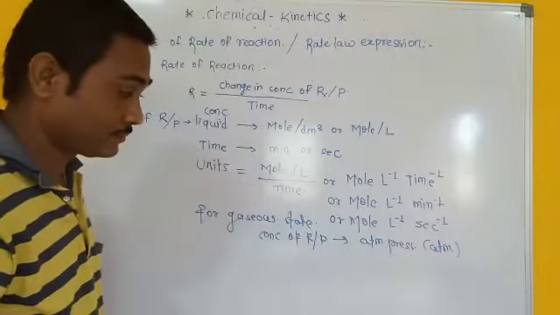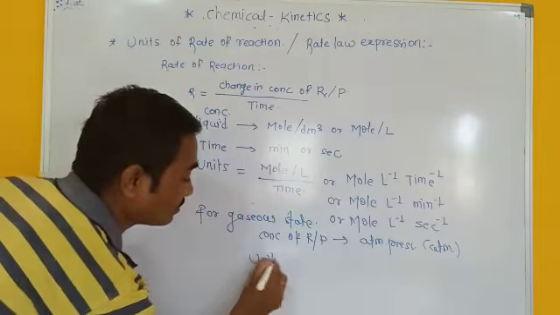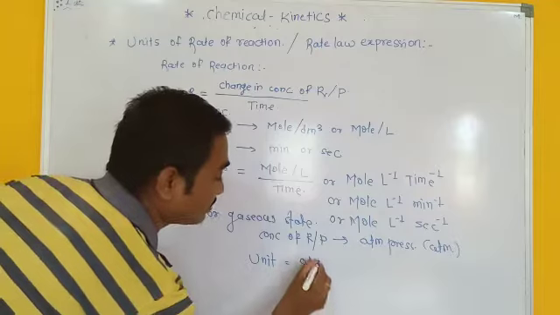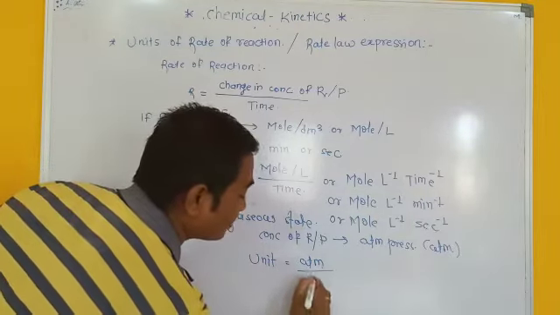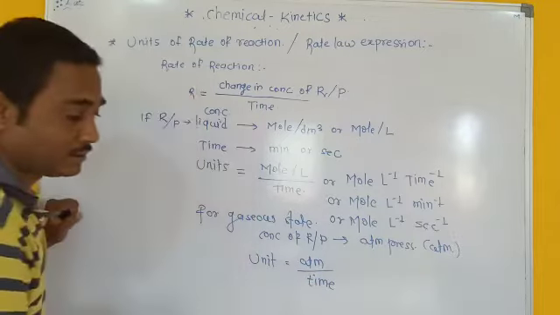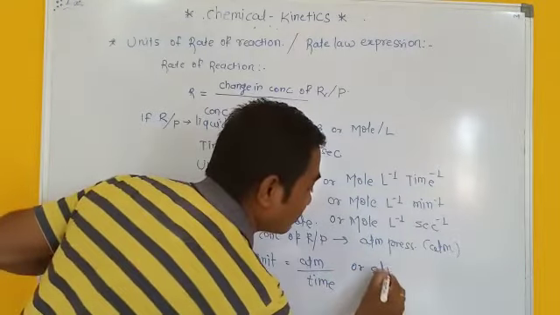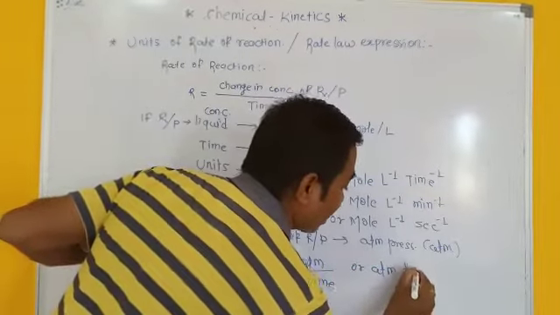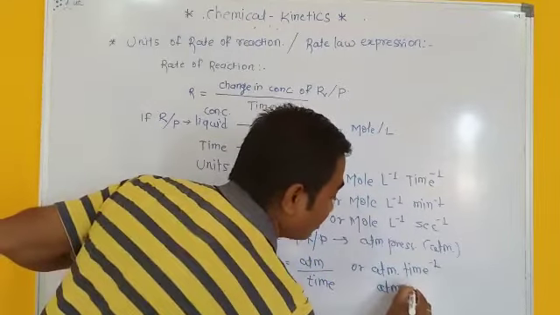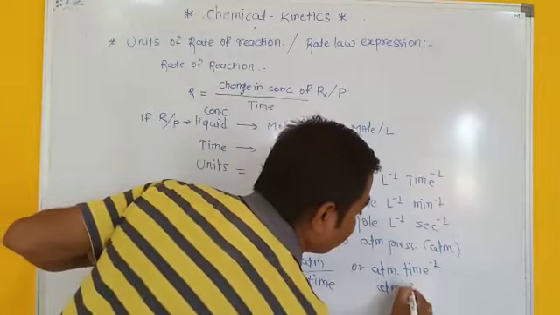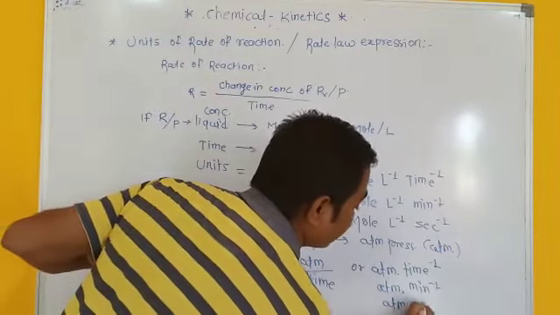Then the unit of rate of reaction becomes atmospheric pressure divided by time, that is atm time⁻¹, or atm min⁻¹, or atm s⁻¹.